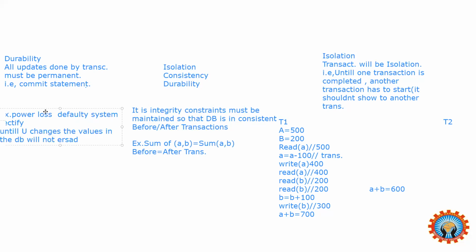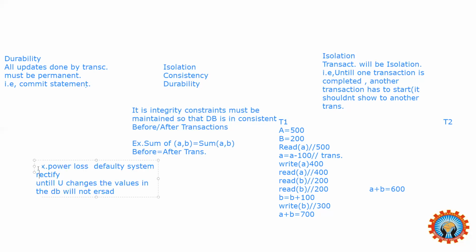Until you change the values in the database, it will not be erased. By default, if there is a power loss, the system will go to the abort state and automatically clean the buffer values, since they were only partially committed. Until any person changes the values in the database, it will not be erased. That is called durability.